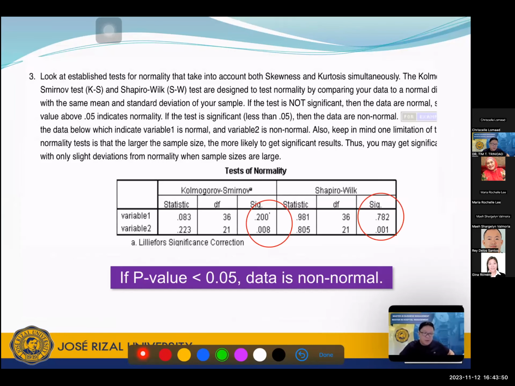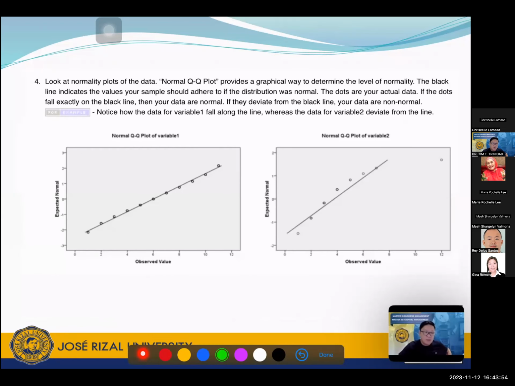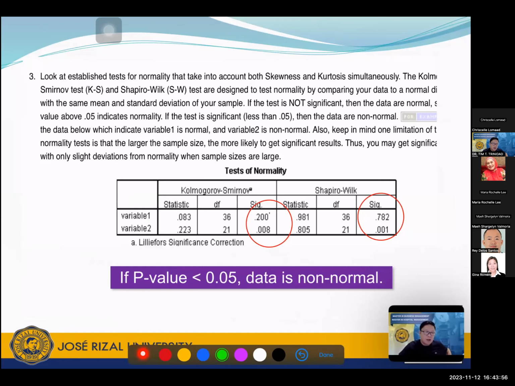Okay, another form is you can also use other apps, which is your Minitab. The most common method that we use for a more hardcore statistical computation, we use the Minitab. Okay, your Excel is a very powerful tool, but sometimes may mga statistical process na hindi available doon.